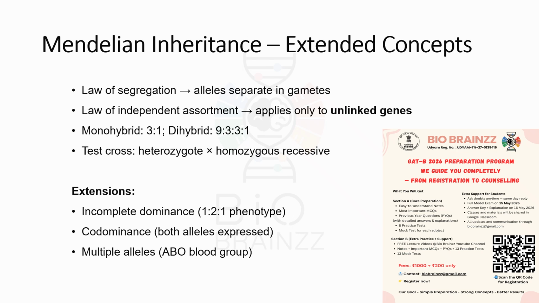A test cross is used to determine genotype by crossing with a homozygous recessive individual. There are also extensions like incomplete dominance, where the phenotype shows intermediate expression, and codominance, where both alleles are expressed. Multiple alleles such as the ABO blood group add further complexity.